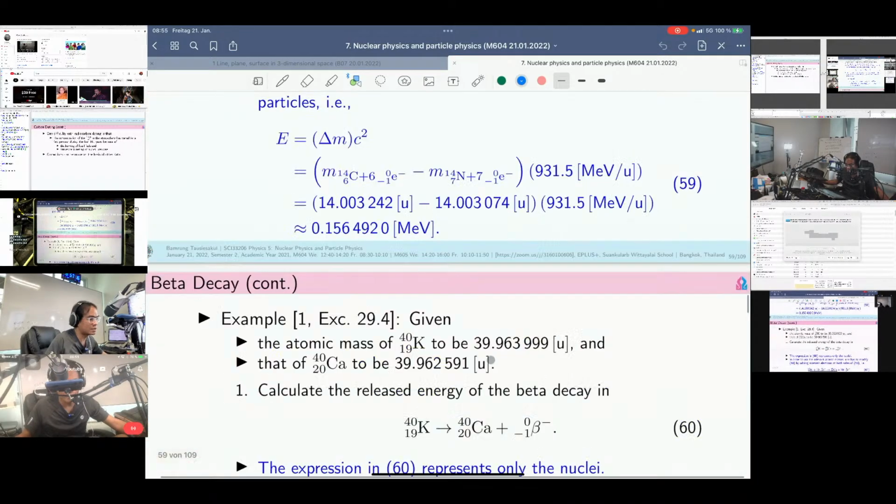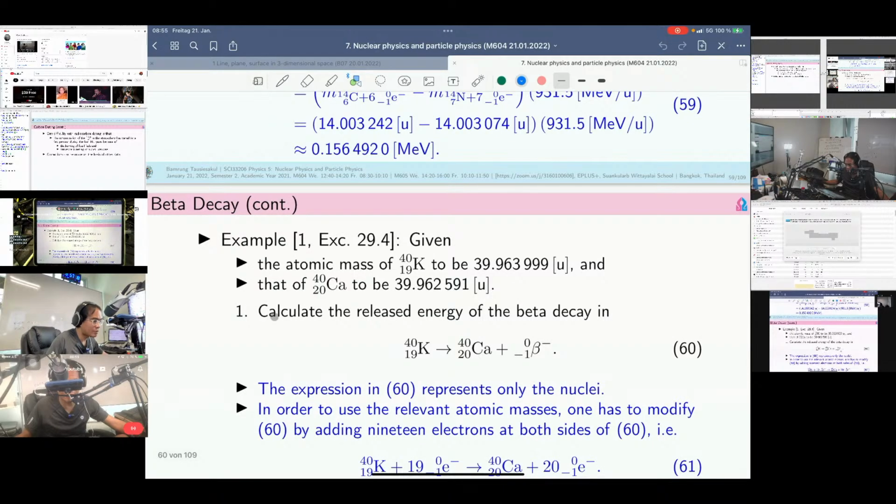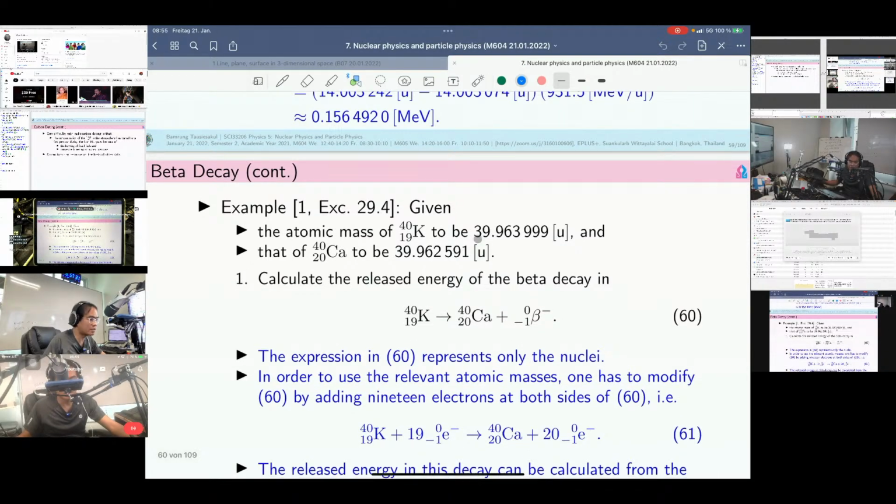I calculate the released energy of the beta decay because it emits the electron, right? Beta minus means electron. But in order to use these two values, these are values measured by chemists. The people in chemistry measure the complete atoms, together with the associated electrons.